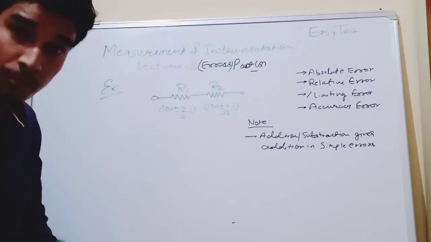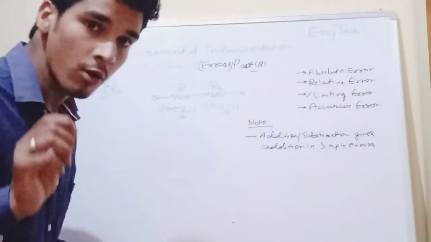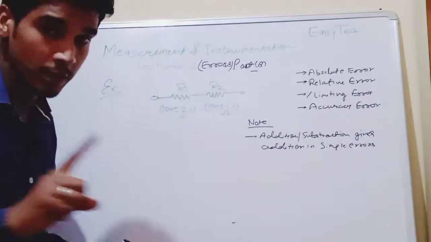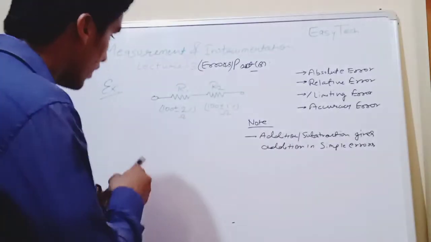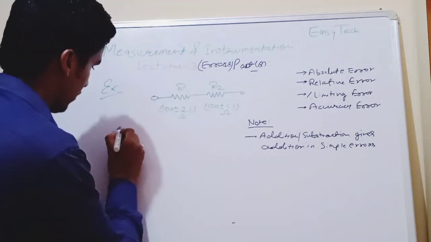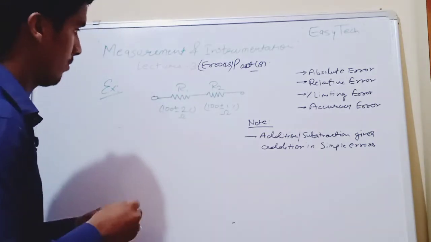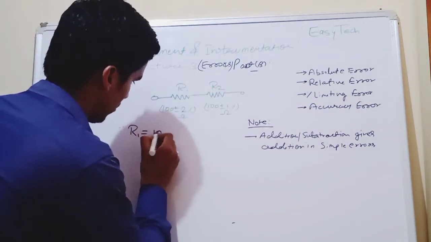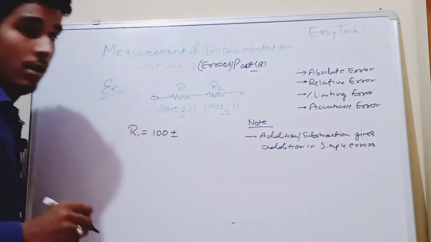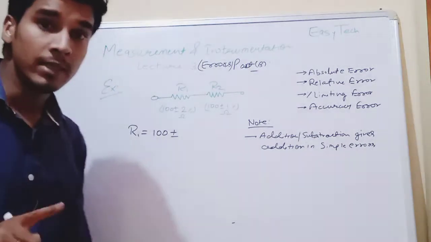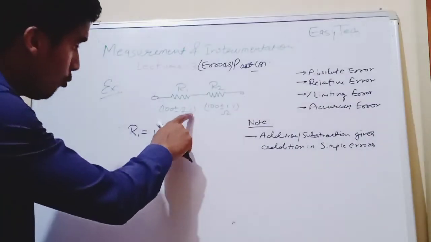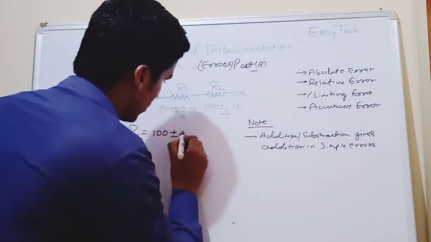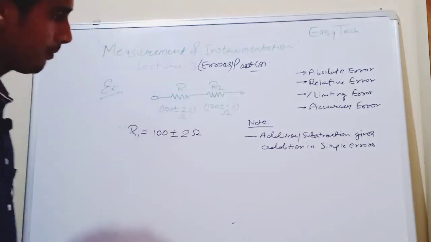Now, what is simple error? Simple error is always written in the form of ohm value. It cannot be written in percentage value. 2% of 100 is obviously 2, so R1 will be 100 plus minus 2 ohm.